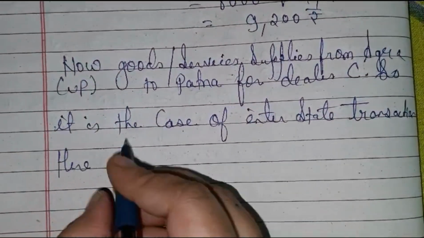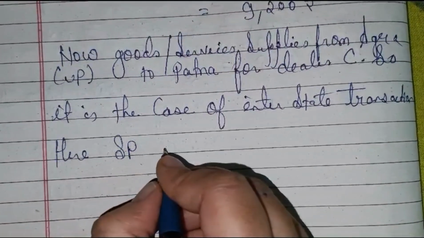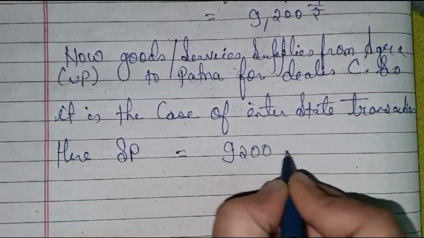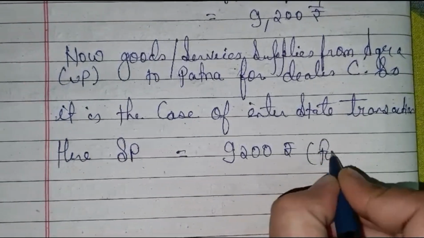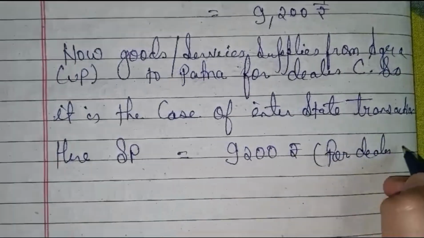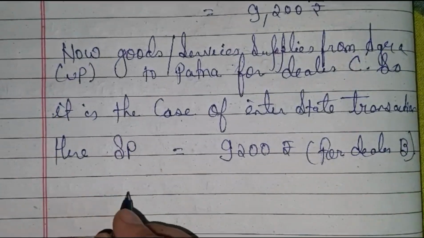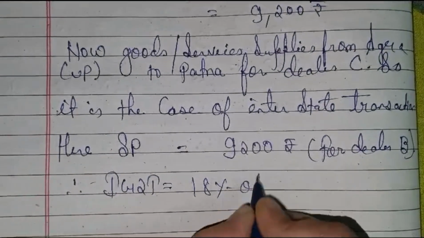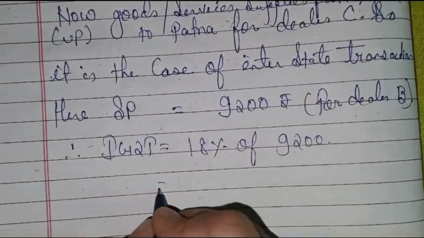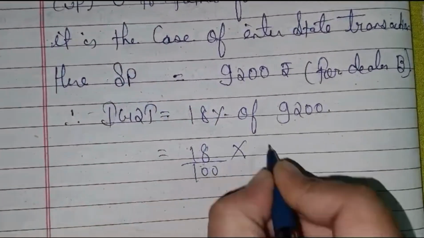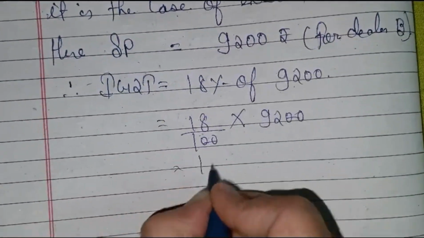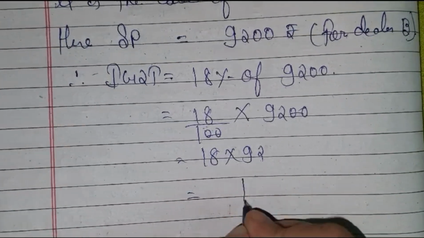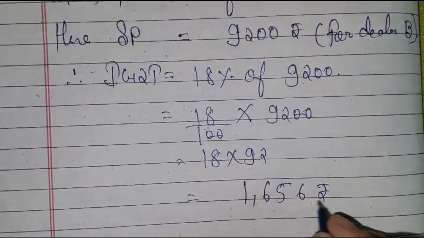Here selling price equal to 9,200 rupees for dealer B. Therefore, IGST equal to 18% of selling price, that is now 9,200. 18 by 100 into 9,200, 100 and 92 cancel out, 18 into 92, that is equal to 1,656 rupees.